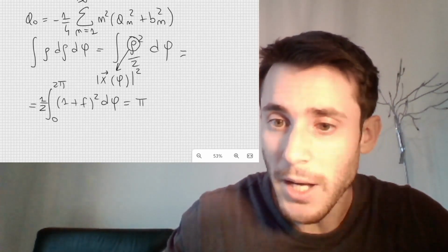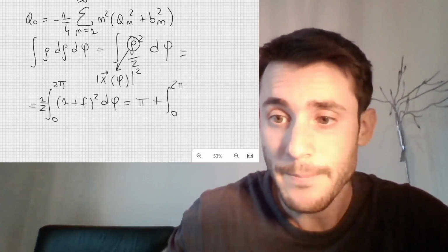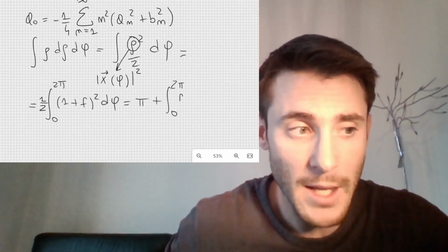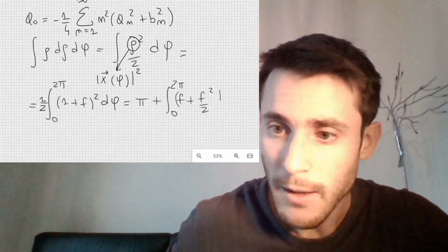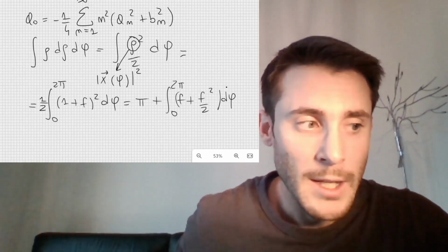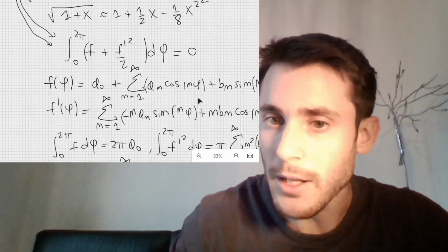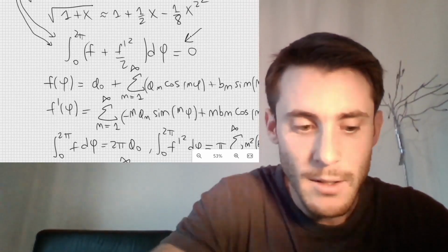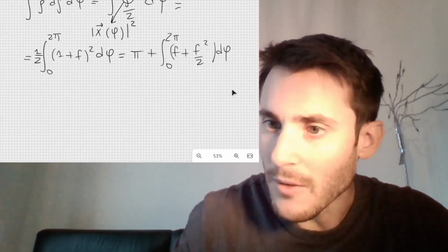This can be written as pi plus integral from 0 to 2 pi of f plus f squared over 2 d phi. And now we can use this formula here to rewrite this last integral that we found.